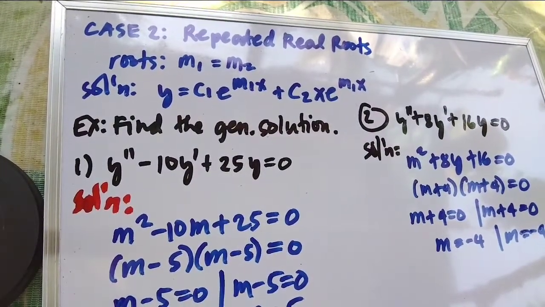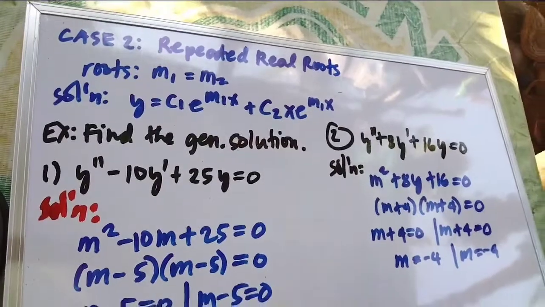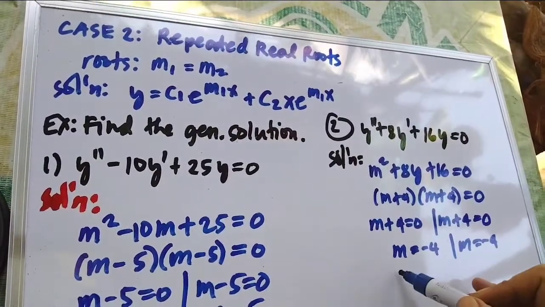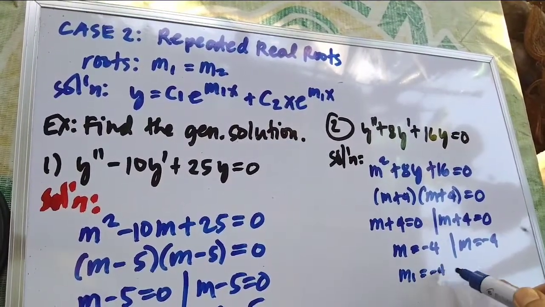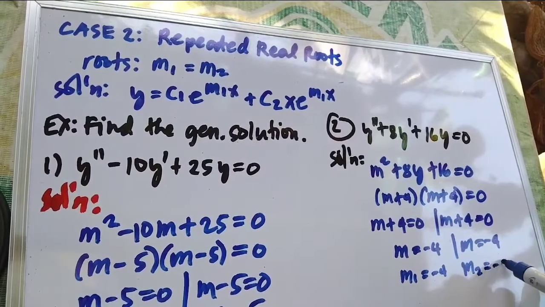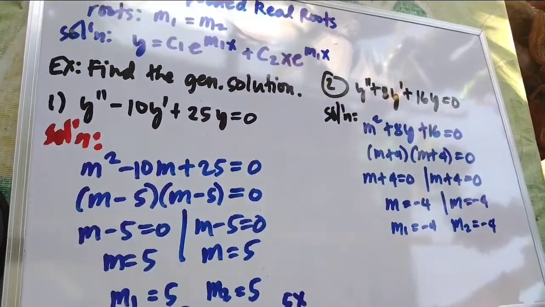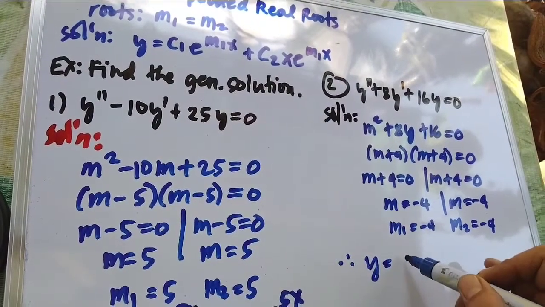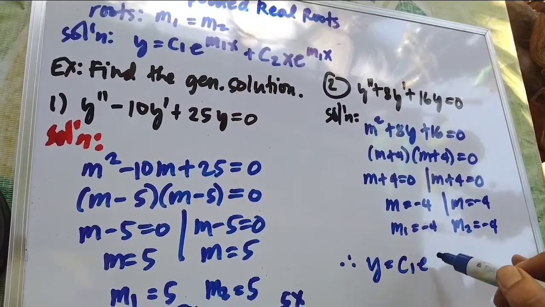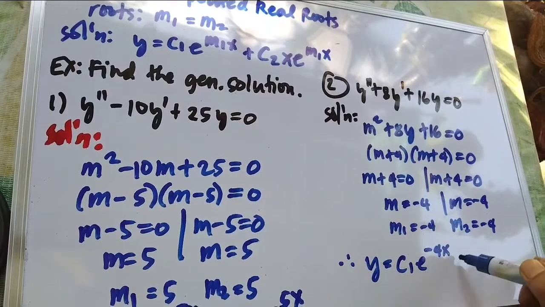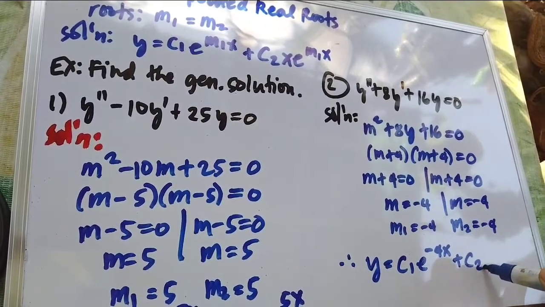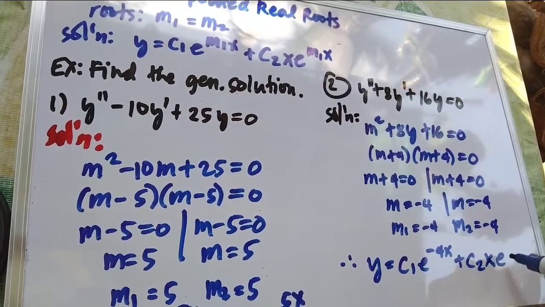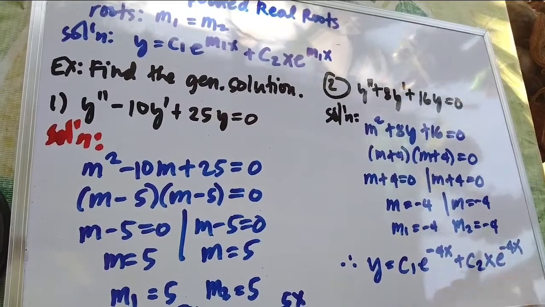Your m sub 1 is negative 4, your m sub 2 is equal to negative 4. So our solution would be y is equal to c sub 1 e to the negative 4x plus c sub 2 x e to the negative 4x.